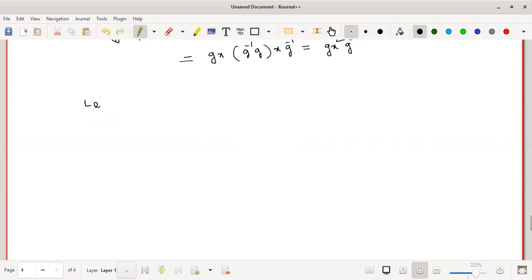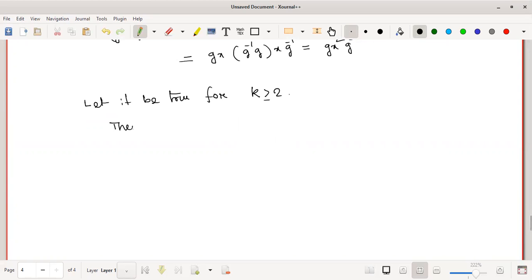Let it be true for k greater than or equal to 2.